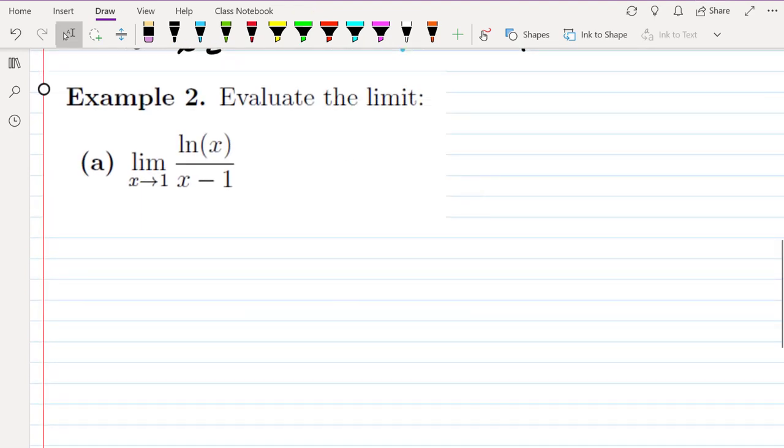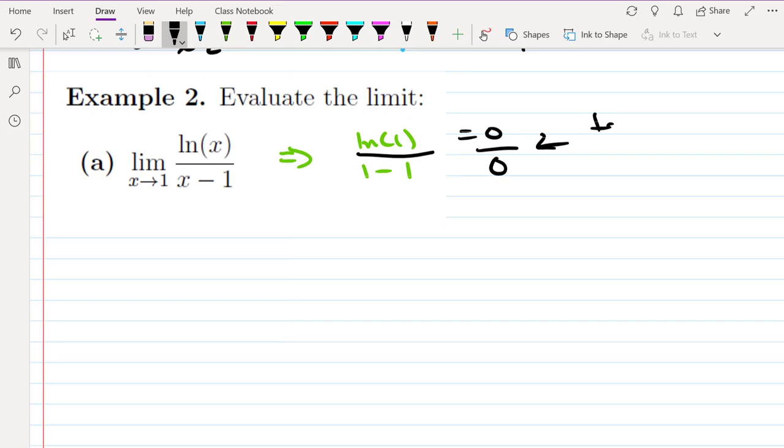So if we test x equals 1, that gives us the natural logarithm of 1 over 1 minus 1. Well, the natural logarithm of 1 is equal to 0, and 1 minus 1 is 0, so this is type 0 over 0.